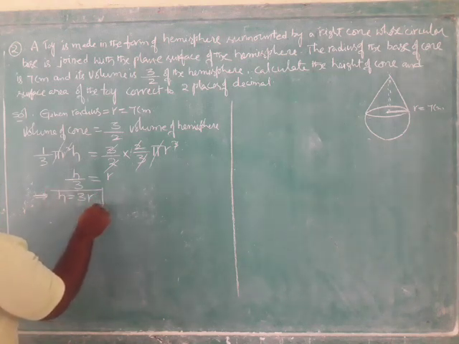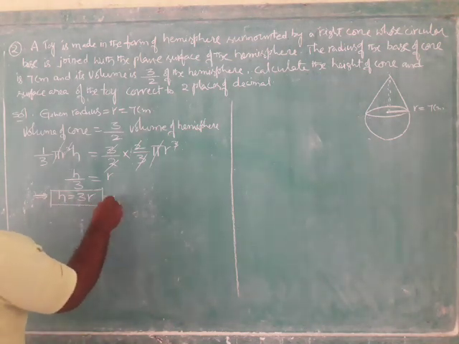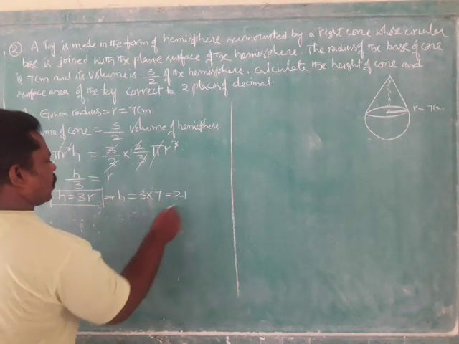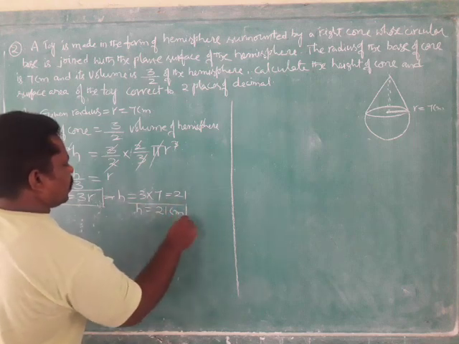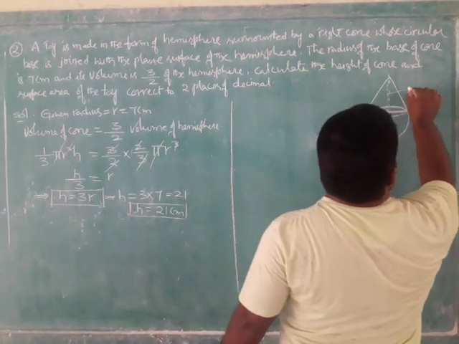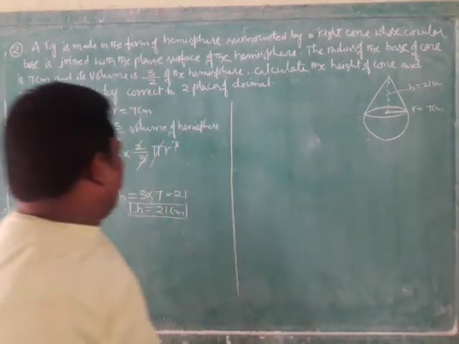That is the conclusion. Height is equal to 3 times the radius, which is 3 into 7 is equal to 21 centimeters. Therefore, the height of the cone is 21 centimeters.